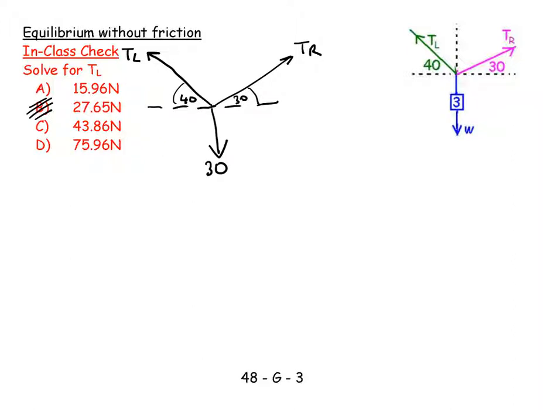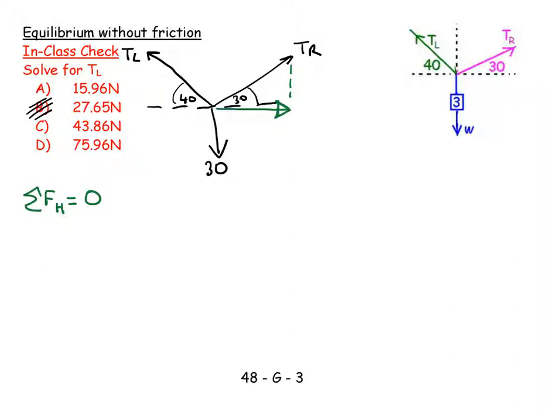Now, for the method of trigonometry, the traditional way of doing it is that you divide things up into horizontal and vertical axes. And what you say is the object is not accelerating in any axis, so there's no acceleration along the horizontal axis, so I can say the sum of the forces horizontally is equal to 0. And so I need to visualize my horizontal components of T right, which I see there.